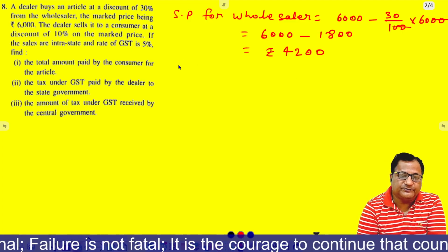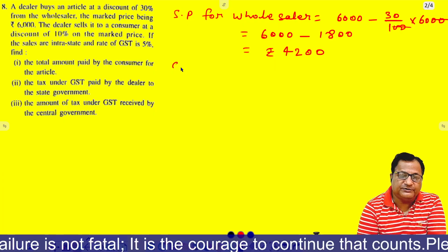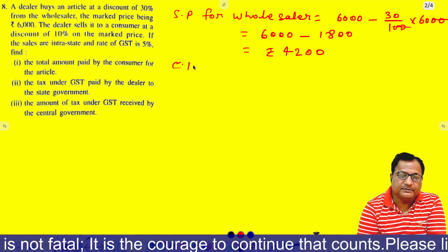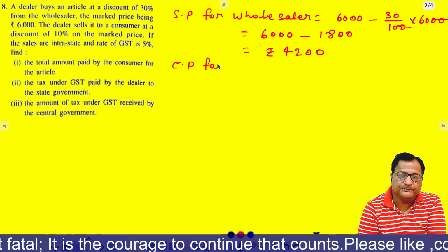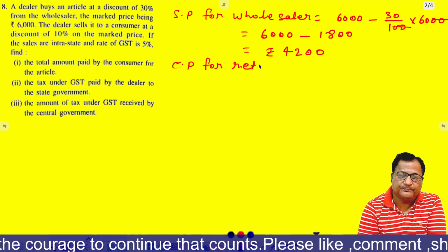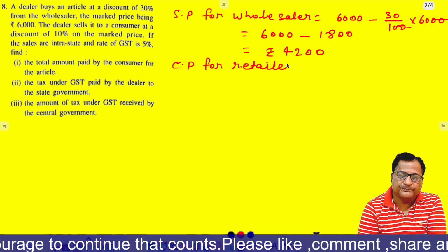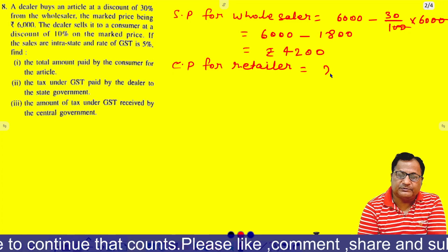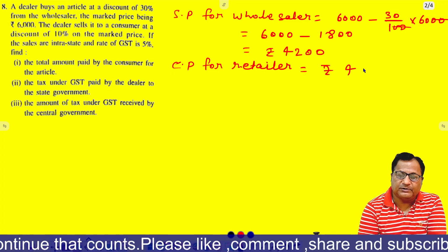So the CP for the retailer will be this only. CP for the retailer is going to be 4,200.